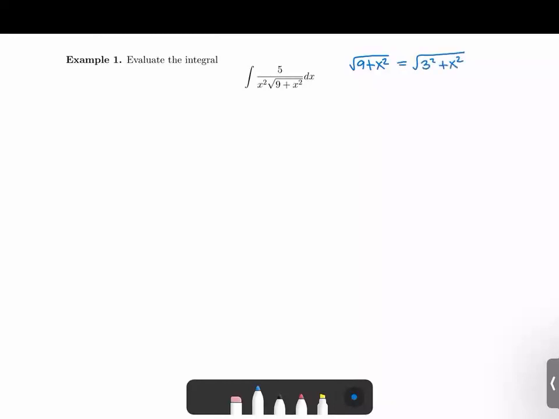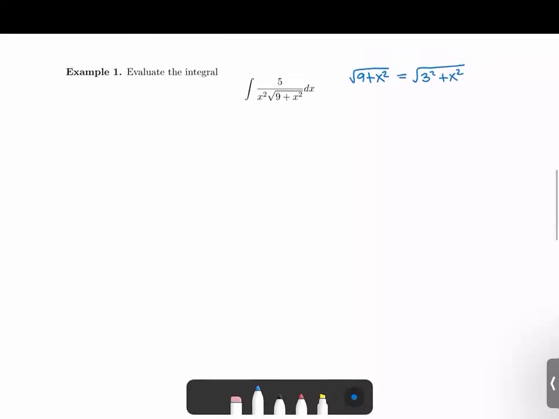Remember that for these types of integrals, we deal with three trig functions: sine, tangent, and secant. Because the square root has a plus sign in it, and that plus sign looks like a t, we can remember that this is going to use tangent.